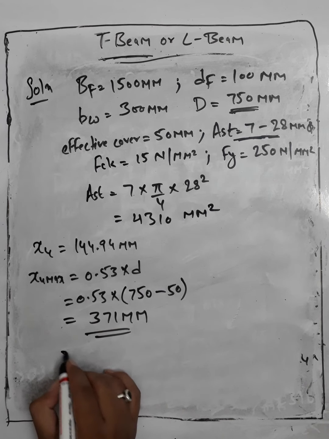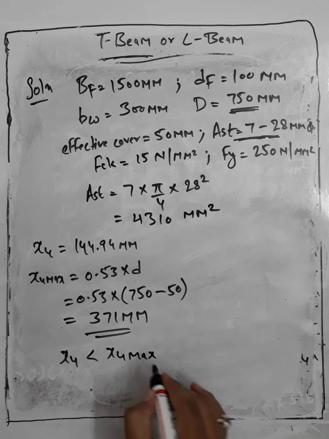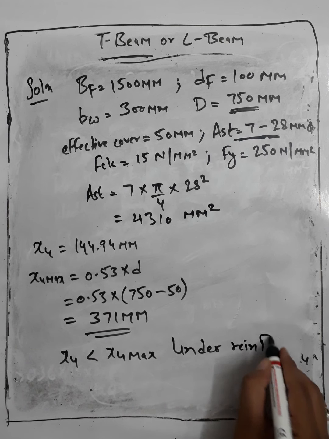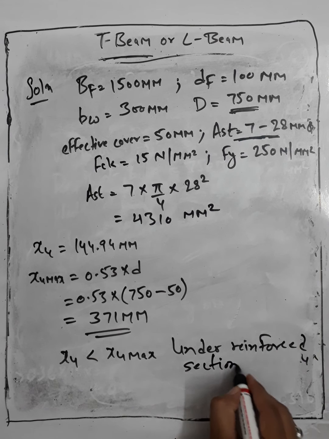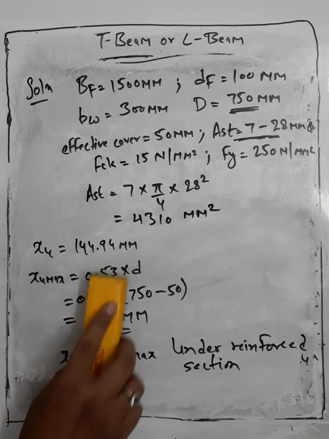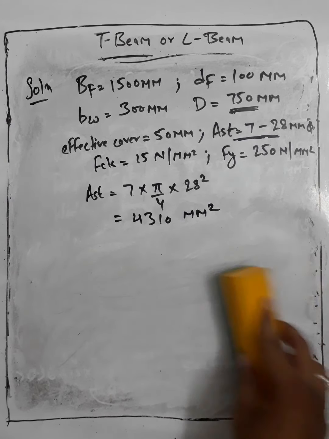So here you find Xu is less than Xu max. That means this section is an under reinforced section. Now you have to analyze for the under reinforced section. So now you write the moment of resistance equation and solve for the value of moment of resistance.